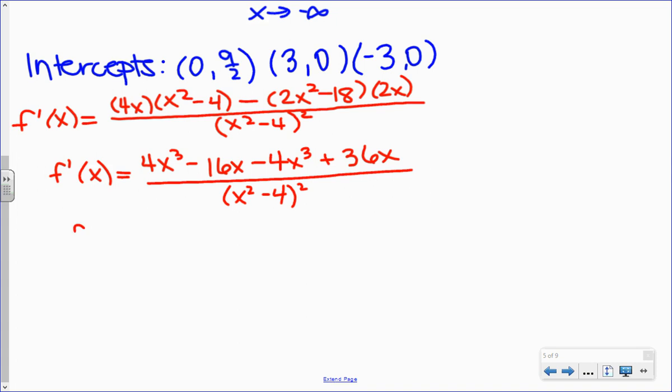All right, so our first derivative. What does our numerator combine to be? 20x. That's nice.